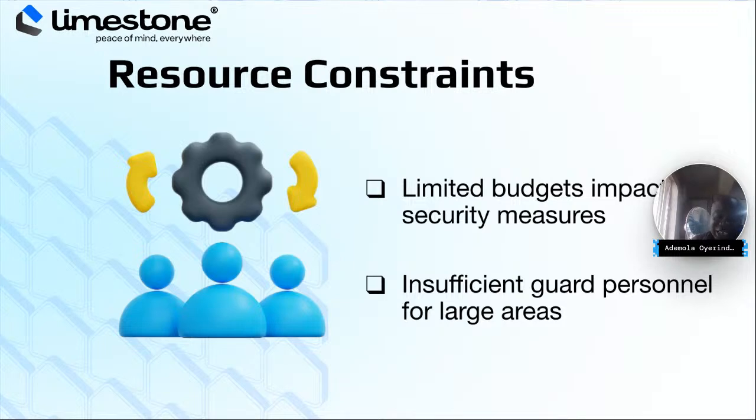Where access control is being compromised, you can deploy technology that will take charge of some of these challenges. So I think I will stop here and attend to any questions or observations. Thank you.